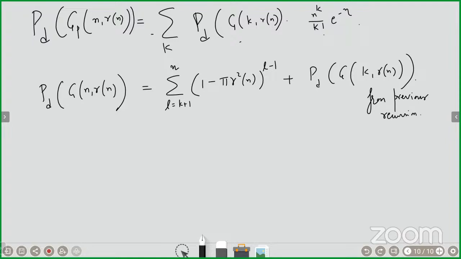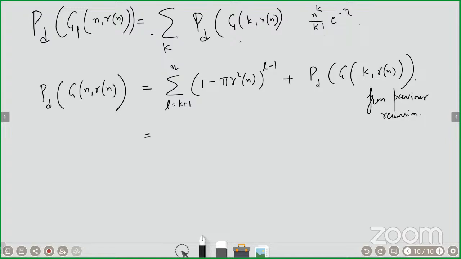Not clear? Ask me right now. You're almost close to the end of the book. I just took n minus k steps back from n. How much is this sum? The trivial sum.